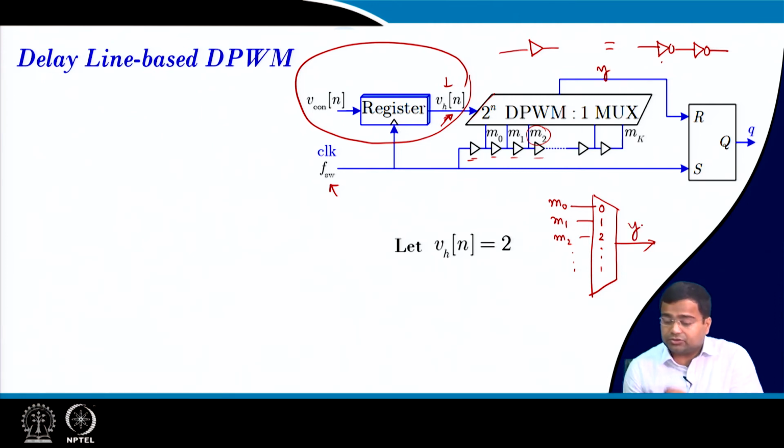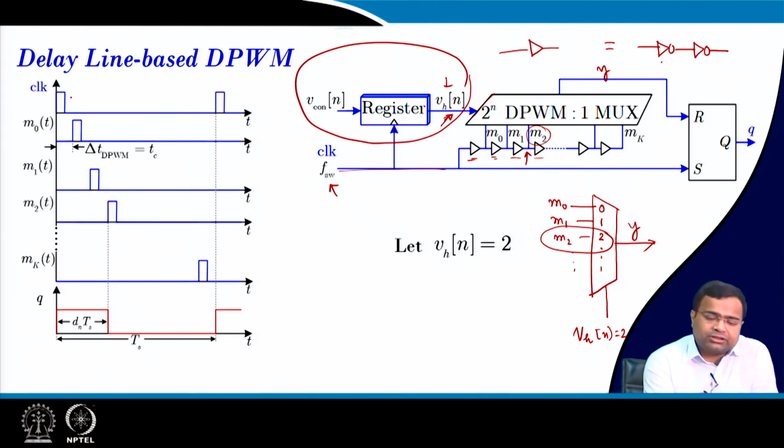here, let us say Y. So, now if we want to map, that means if the select line is that, here, what is the select line? Here is a VHN. If this equals 2, this channel will be selected. So, we are talking about this particular channel, and this channel means if you take the original switching clock, it will be delayed by 3 buffers. That means if you draw, this is the original switching clock.